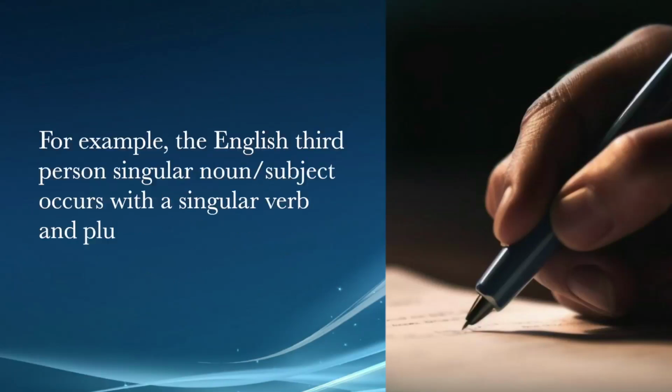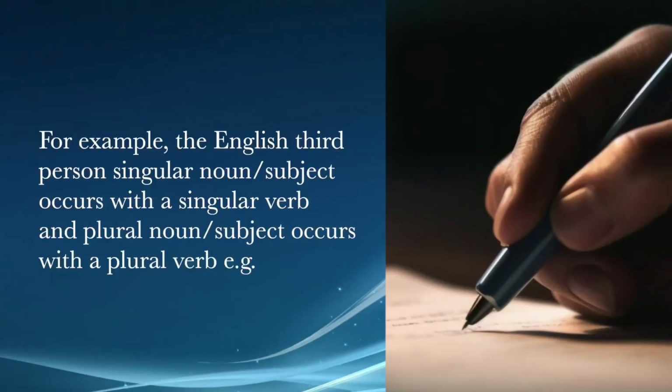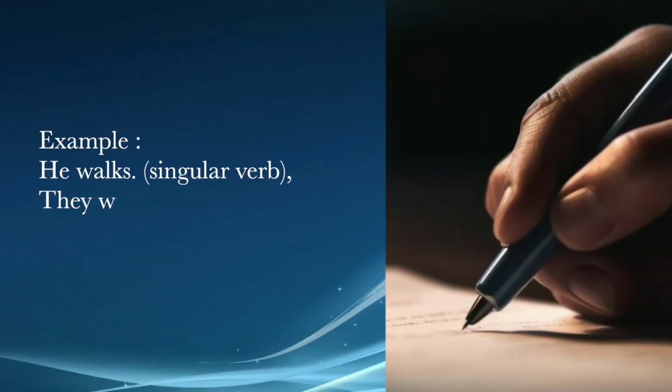For example, the English third person singular noun or subject occurs with a singular verb and plural noun or subject occurs with a plural verb. For example, we see in this example below, he walks, which is singular verb, and they walk, that is plural verb. We can see these as examples of concord or agreement.